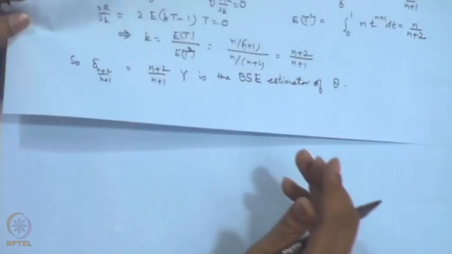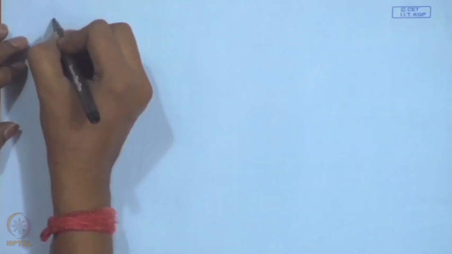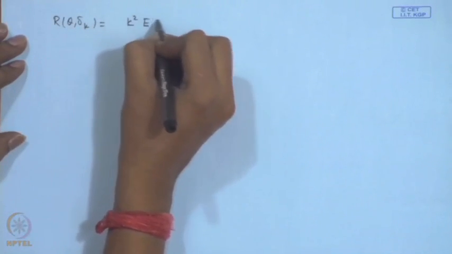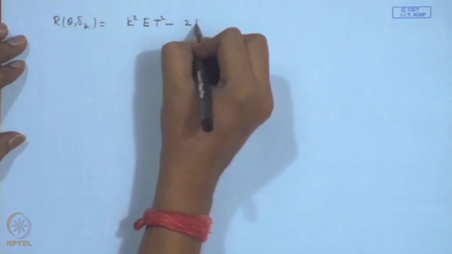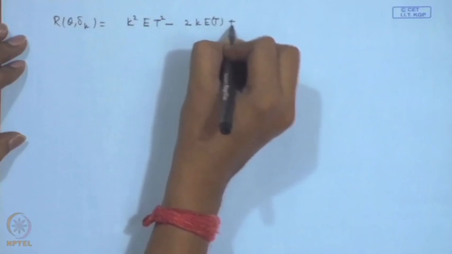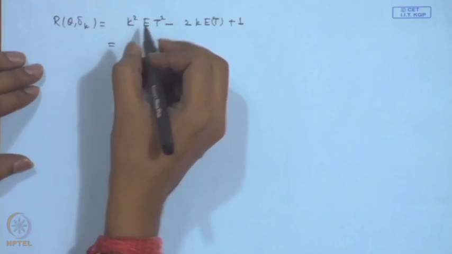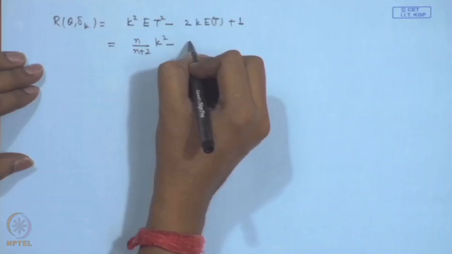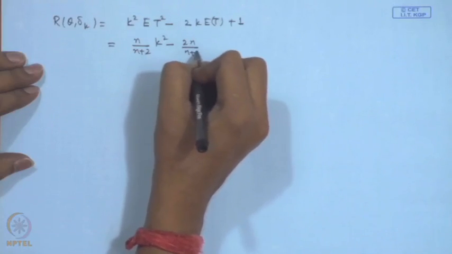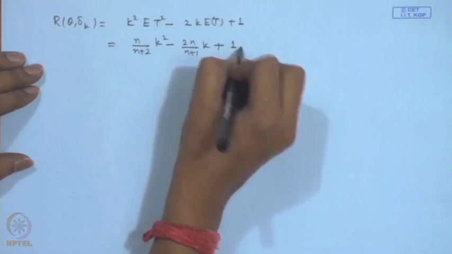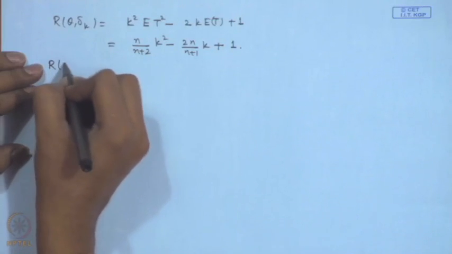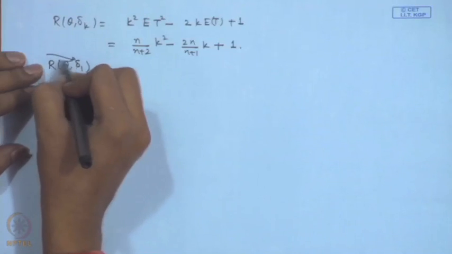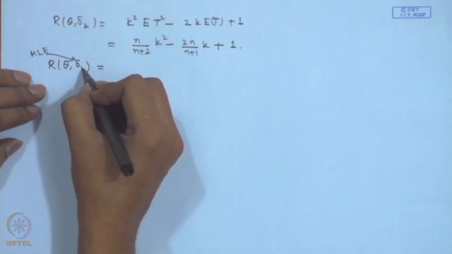So, what is the value of R(θ, δ_k)? That is k² E[T²] minus 2k E[T] plus 1, that is equal to n/(n+2) k² minus 2 n/(n+1) k plus 1. So, if I look at the risk of the maximum likelihood estimator, here k equals 1.